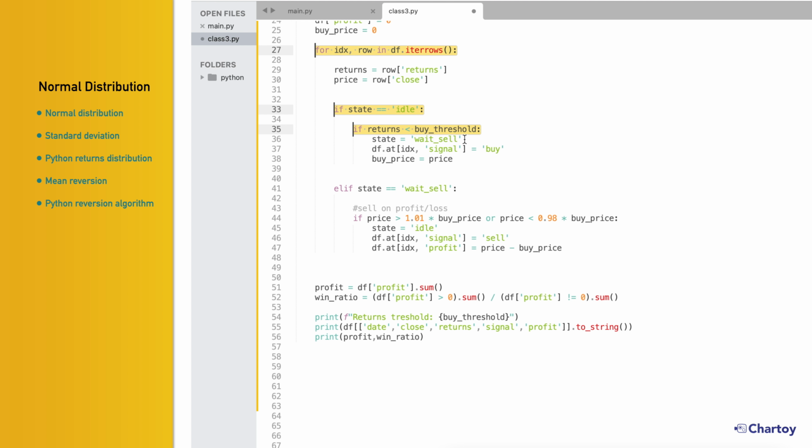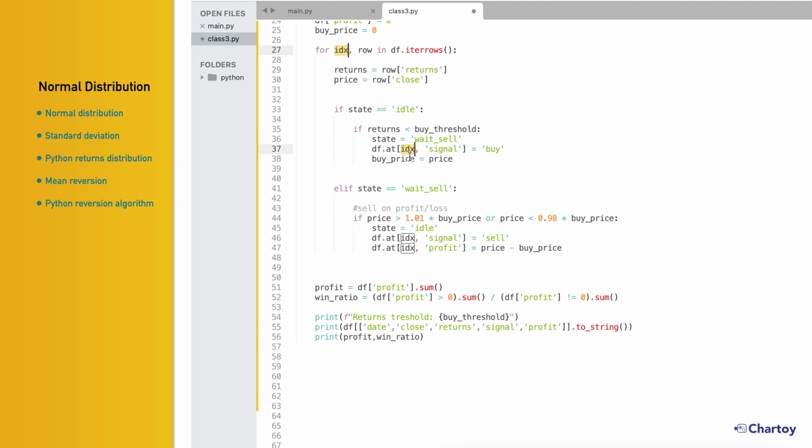Once it happens, it means that we buy. So buy essentially just means that we change the state of this state machine to wait to sell. And then we mark the data frame on that row, this index. So we're doing data frame at index in signal.